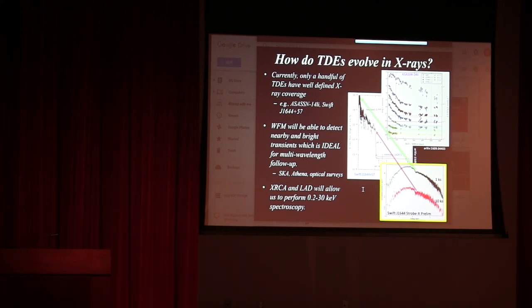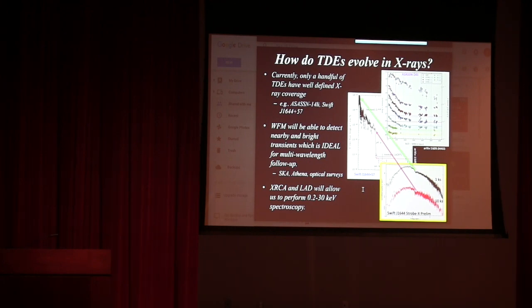Even at later times, where most of the Swift observations were made for tens to hundreds of kiloseconds, STROBE-X should be able to get a spectrum pretty quickly, which would be really exciting. And even though it's CCD quality, I don't think that's an issue at this moment, because obviously you can complement STROBE-X with a scanner and other observations.